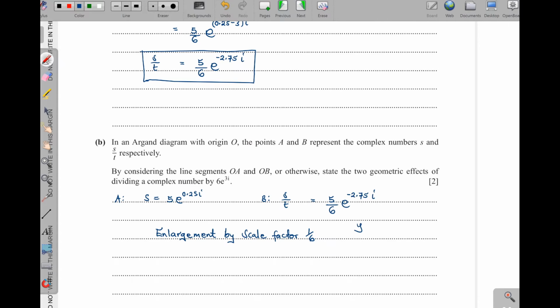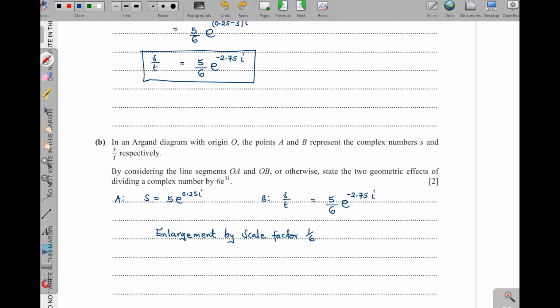You remember when we have y is equal to a f of x, in Pure Mathematics 1, this is an enlargement. We actually say stretch by factor a parallel to the y-axis. So this one I can say is an enlargement because we have just multiplied through by something here, and the center is actually the origin. So enlargement by scale factor 1 over 6.